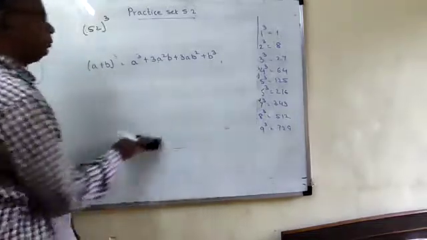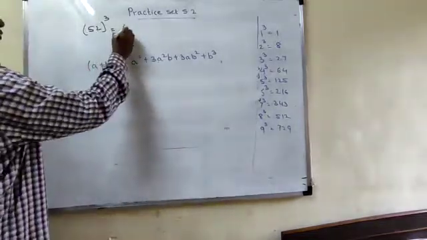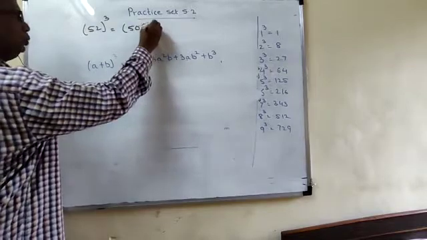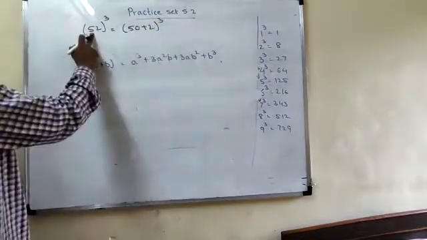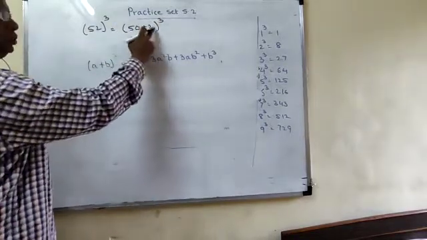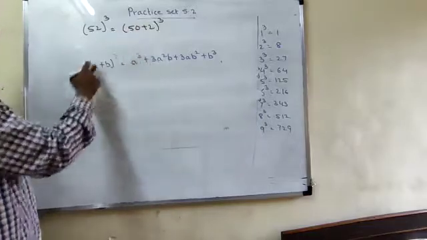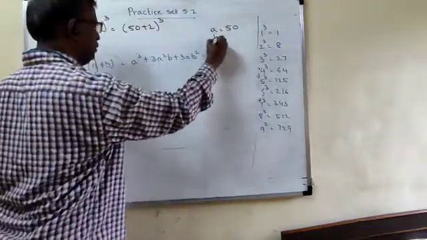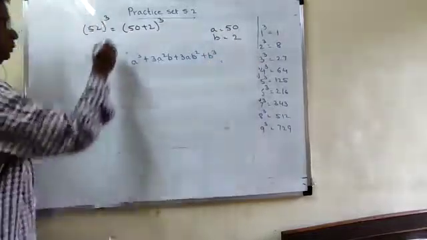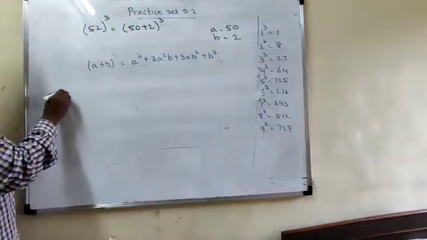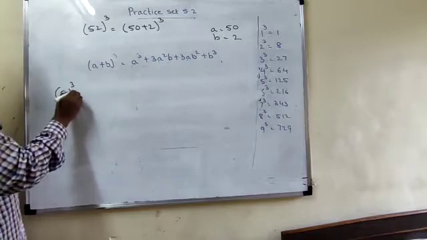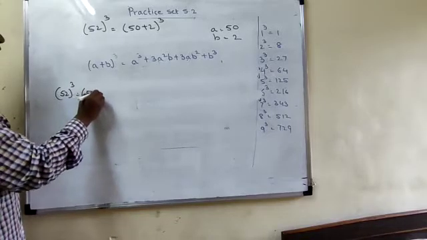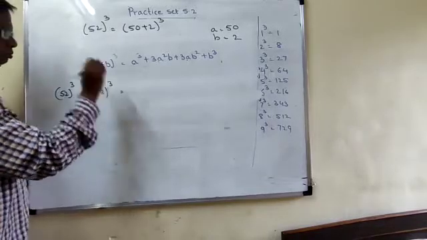So 52 can be expanded as 50 plus 2 the whole cube. Right? When you compare this one, what is the A value? 50. B value is how much? 2. So I'm writing once again, 52 whole cube is equal to 50 plus 2 the whole cube.